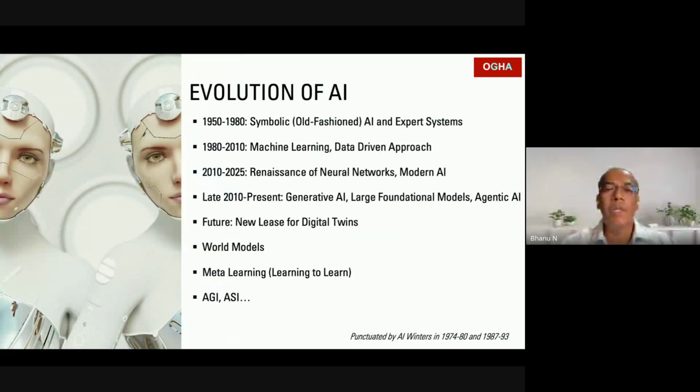As you can see, it's been going on for decades. From the 1950s to the 80s, it was called symbolic AI, old-fashioned AI. Whoever studied in the 80s probably did their research and PhDs in expert systems.